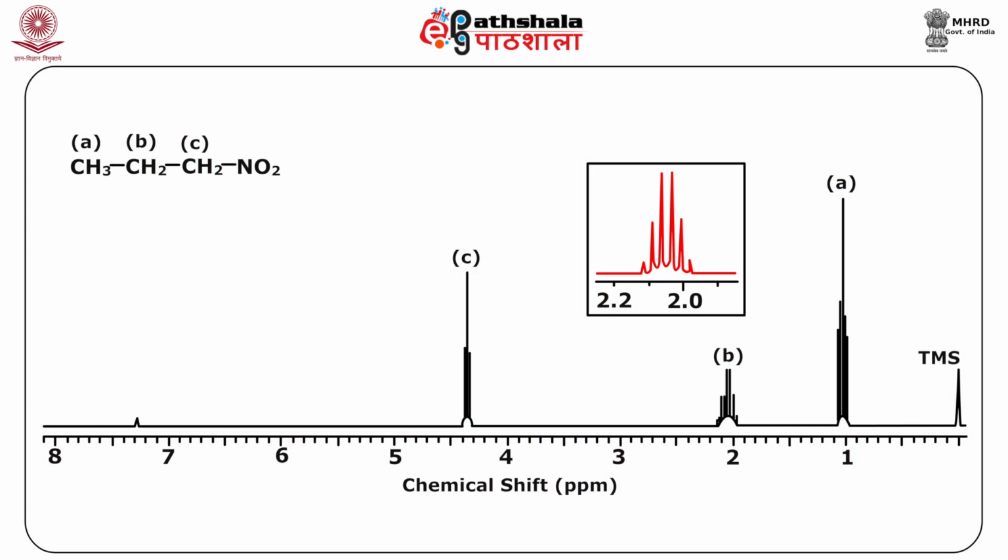Now, in some cases, JAB and JAC will be almost identical. Let us consider an example for this, which is the proton NMR spectrum of 1-nitropropane, that is a 3 carbon compound having a nitro group. Look carefully at the splitting pattern of the HB protons. Having a delta value of approximately 2 ppm, the signal looks like a sextet because the two coupling constants JAB and JBC are very similar.